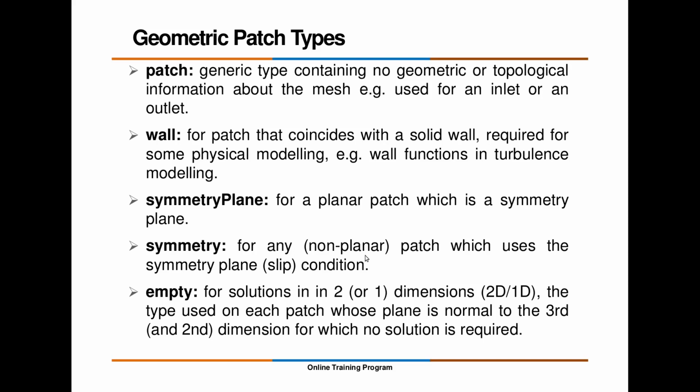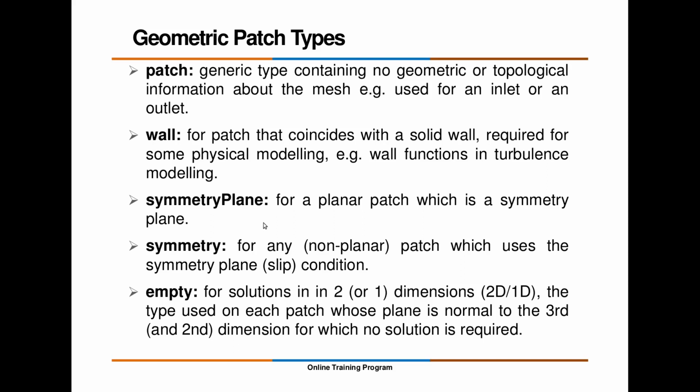Whenever we specify symmetry or symmetric plane, it immediately applies something like a slip type of condition. So for a non-planar patch we go with symmetry, but if the patch on which we apply the symmetric condition is planar, then go with the symmetric plane type of condition.